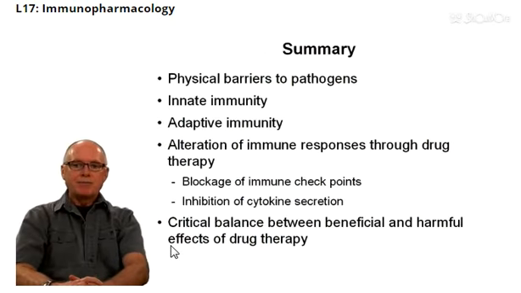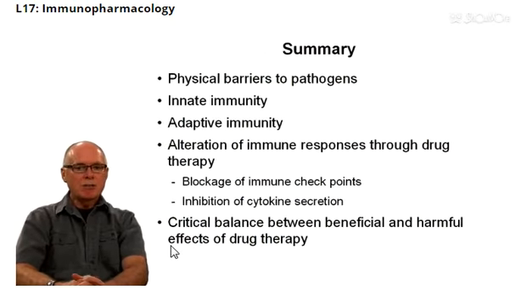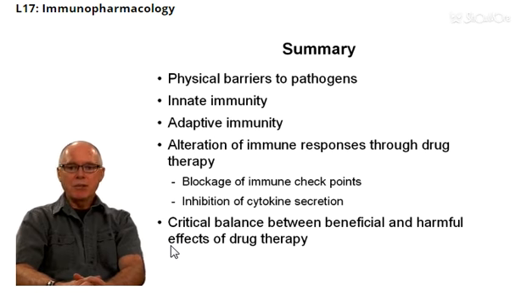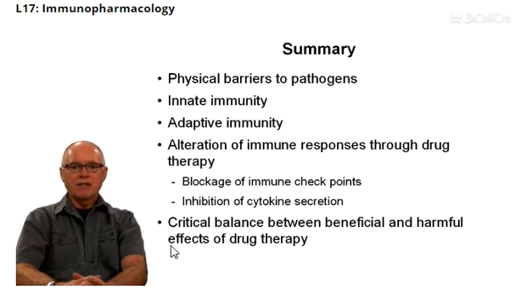So in summary, in this lecture we've discussed how the immune system is structured and how it functions to protect us from pathogens. We've discussed nonspecific physical barriers as well as innate and adaptive immunity. Complex immune responses can be manipulated with drugs in order to fight various diseases such as cancers and inflammation.